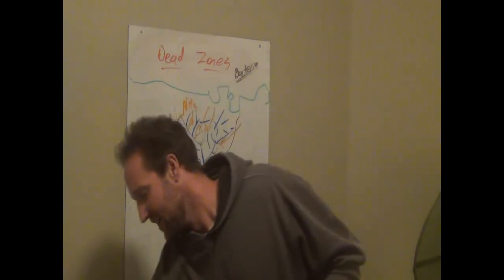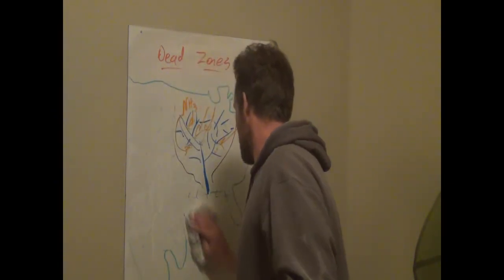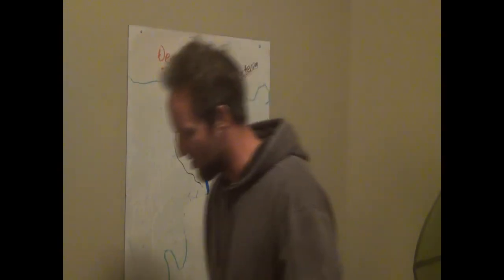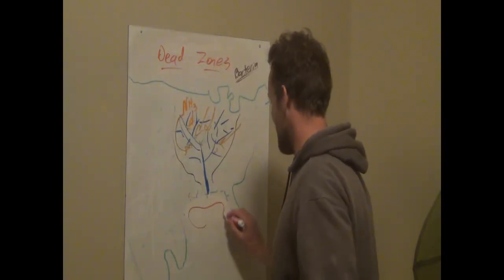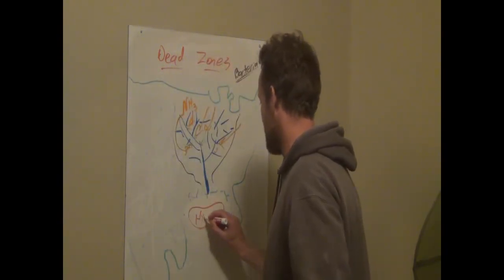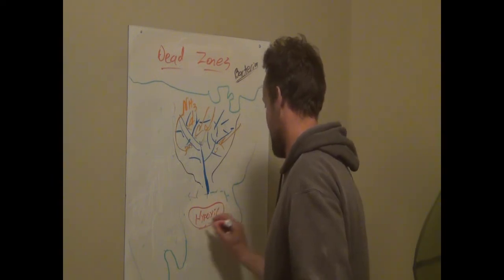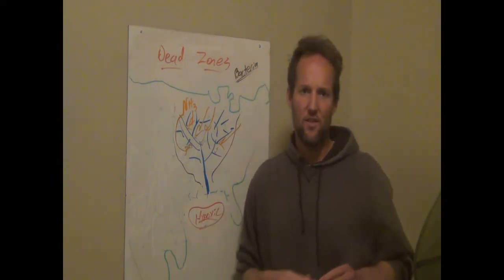And what you get is this giant area of the ocean with virtually no oxygen. If you want to use a sciencey term for it, we get this hypoxic area, which means low oxygen.